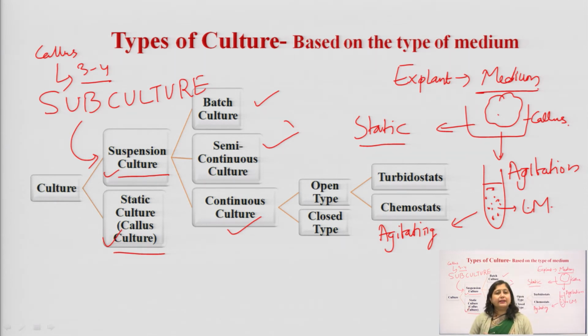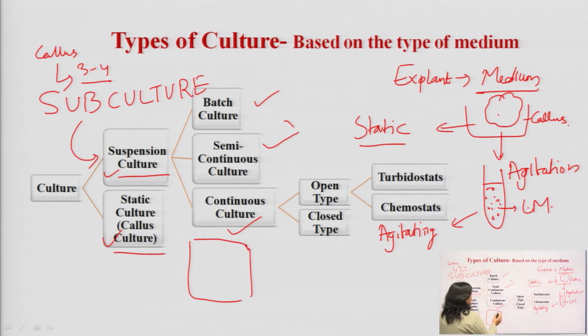After that, the second type is the semi-continuous culture. In semi-continuous culture, at a particular point of time, you have an inlet and an outlet. You allow some amount of fresh medium coming in, some amount of used up medium going out. Then you wait for a particular time and stop this procedure.